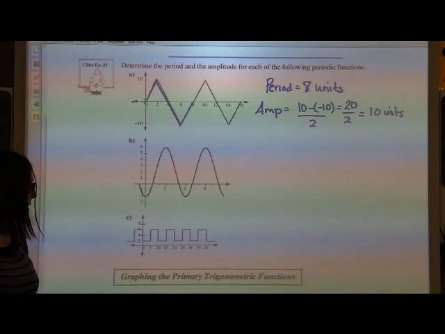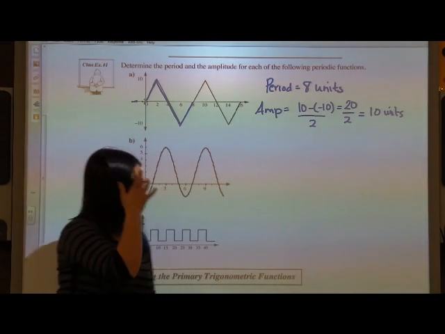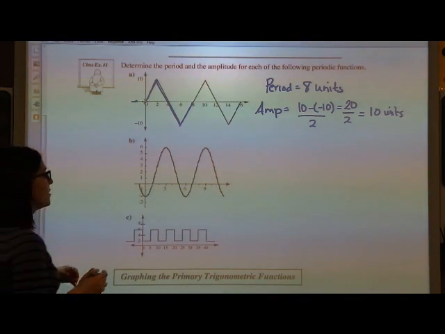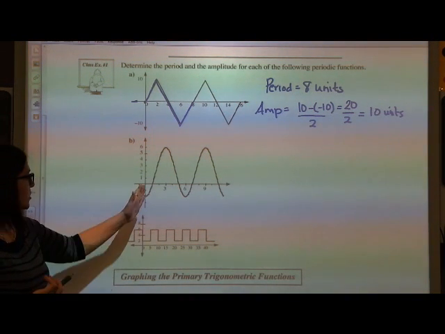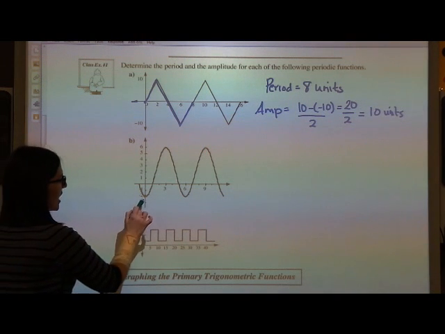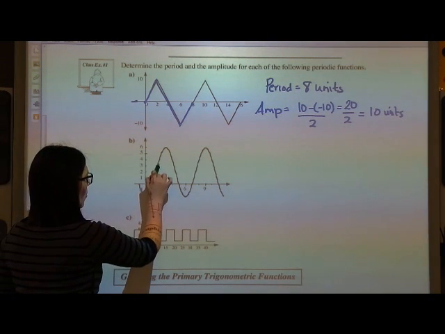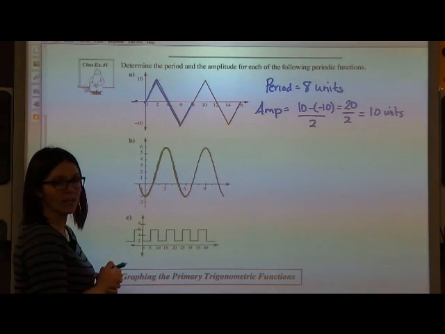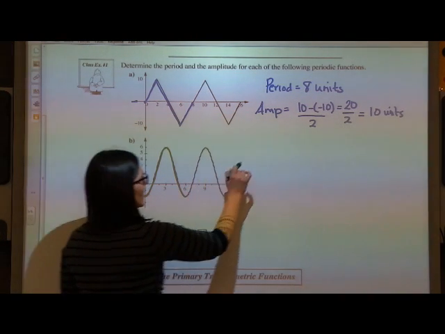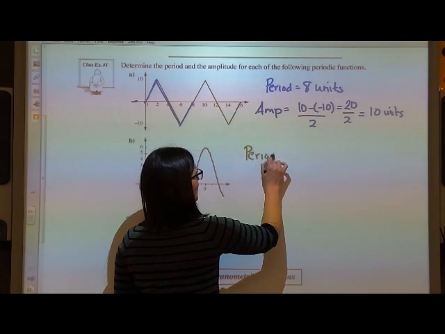So in looking at the period for B, a strategy that I would probably use would be starting on the 0 line. Starting at 0 and then checking to see when do I get back to that same spot again, which happens right here. So I end up with a period of 6 units.